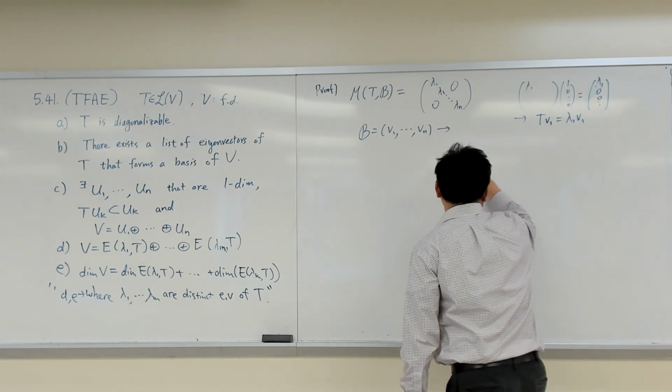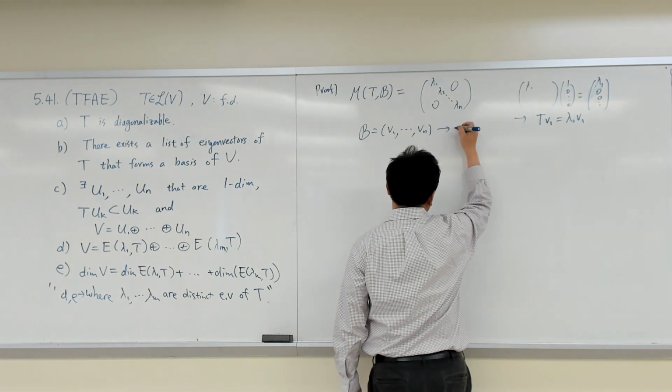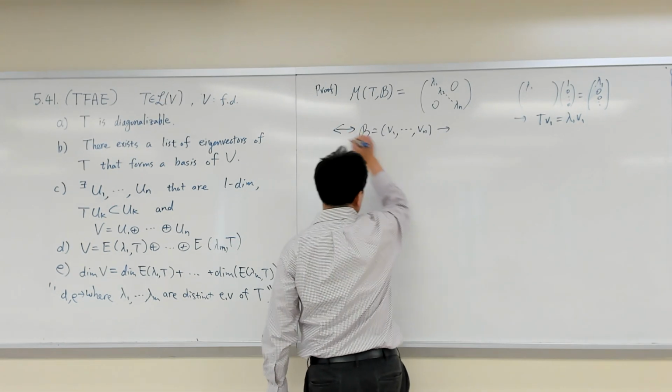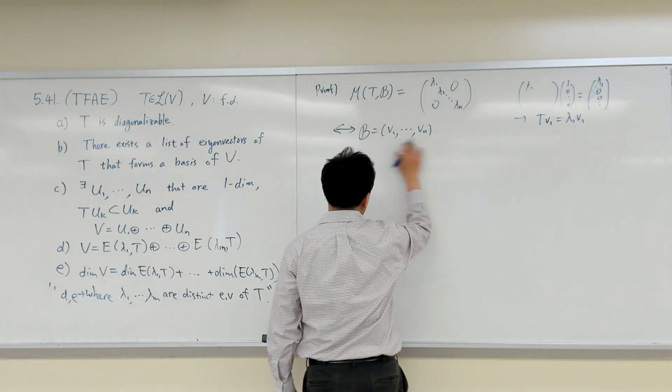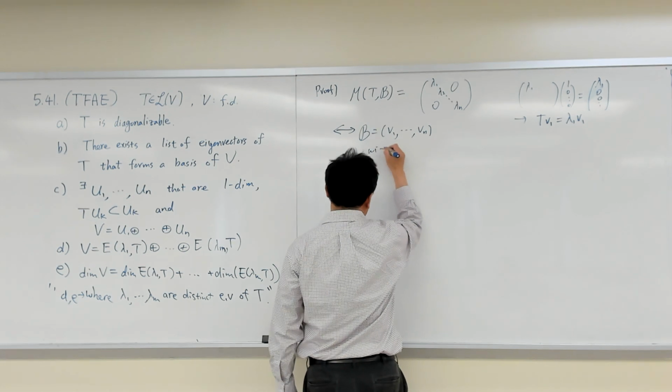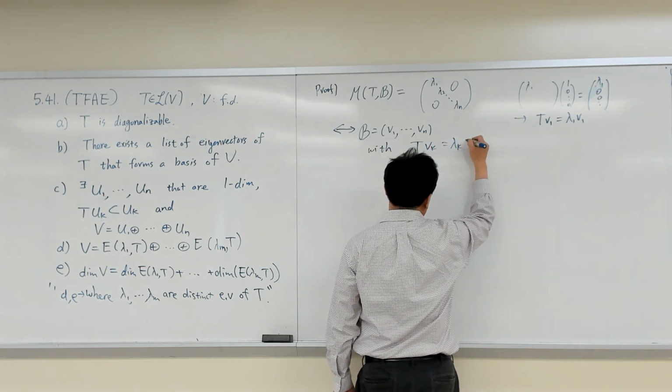So this holds in general. So having this form is equivalent to saying that the basis looks like this with T of Vk equals lambda k Vk.